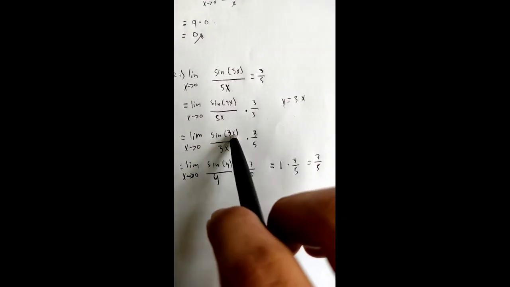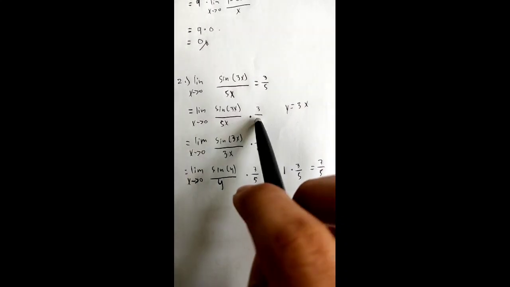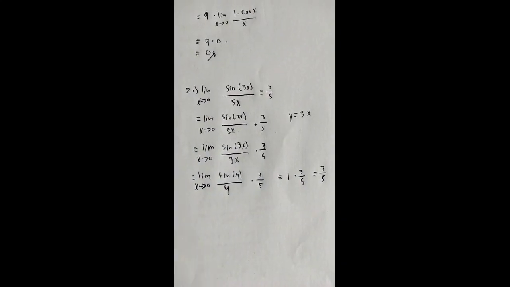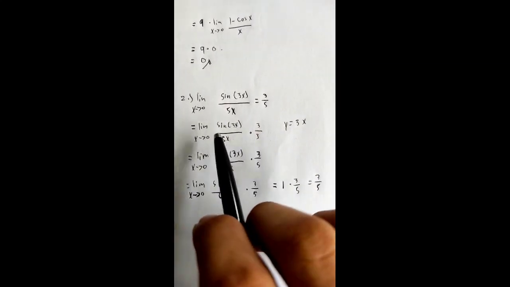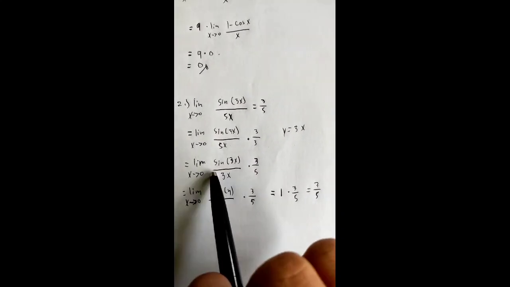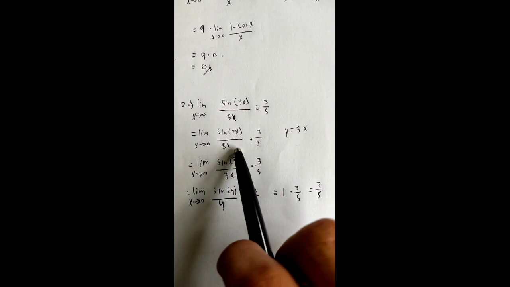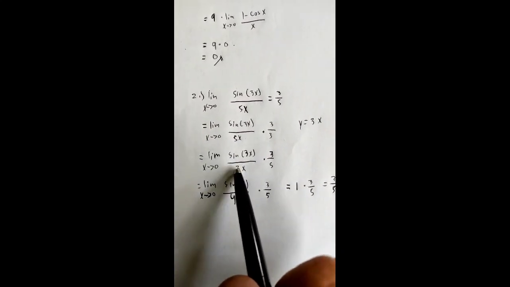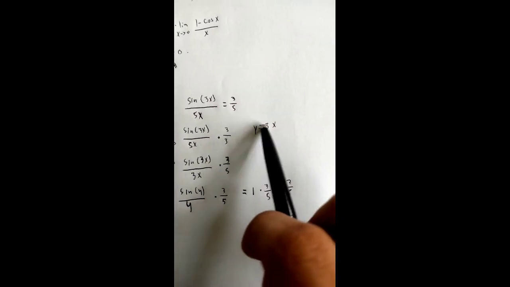So don't get confused about why it is already 3x here. We just put the 3 here and put the 5 over here. As you can notice, there is the same variable, we have the same variable already in the given terms. So we can put y as 3x.